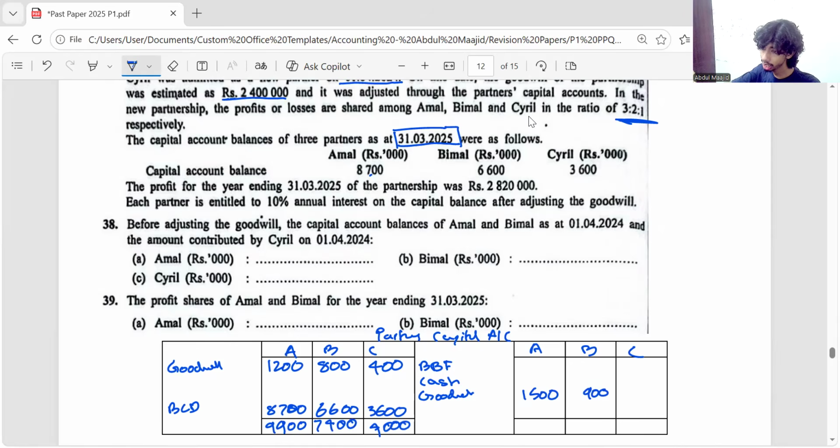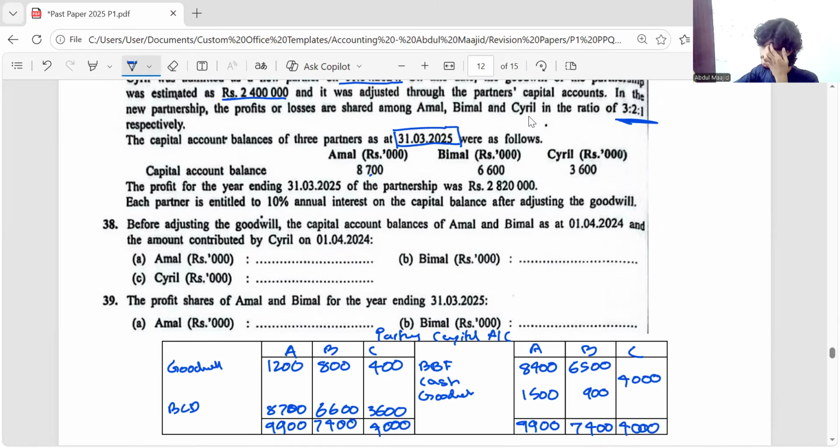Then 9,900, 7,400, 4,000. And the opening balance of Amal will be 9,900 minus 1,500, that is 8,400. Bimal 7,400 minus 900, that will be 6,500. And Cyril is a new partner, he won't have opening balance, instead cash invested by him will be 4,000.